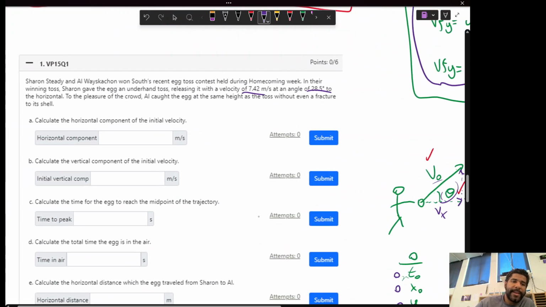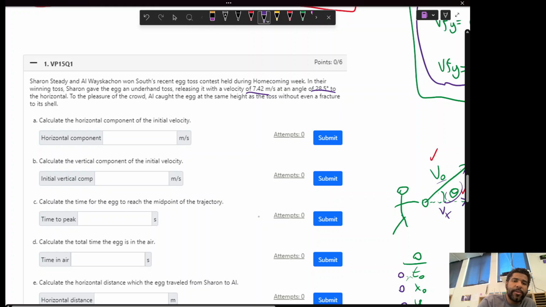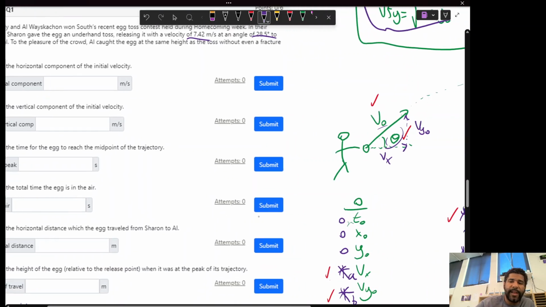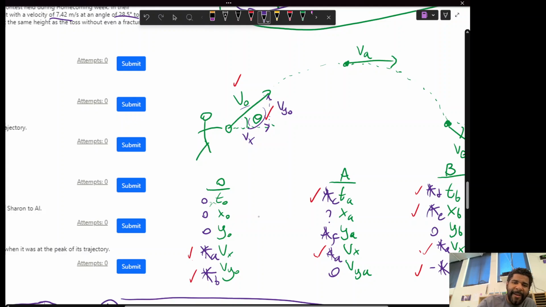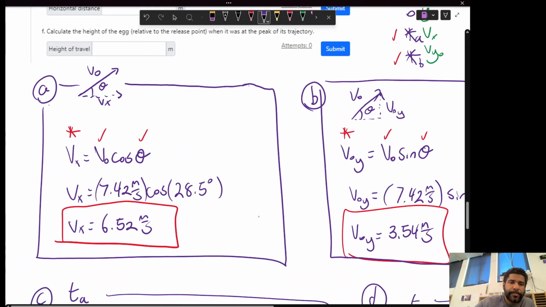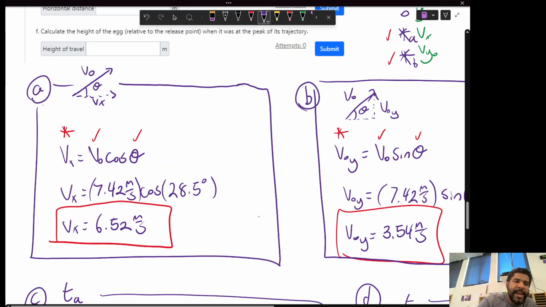And what ends up happening is we're going to calculate the horizontal component of the initial velocity. I take my velocity right here, and I use Vx is equal to V naught cosine theta.